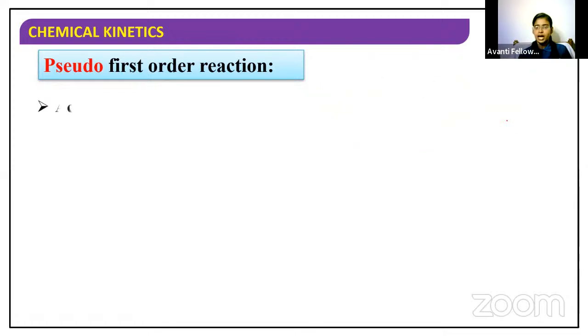Acid catalyzed ester hydrolysis. We are going to take an ester and hydrolyze it. Hydrolysis means take an ester and add water to it in the presence of acid, so that acid will act as the catalyst.